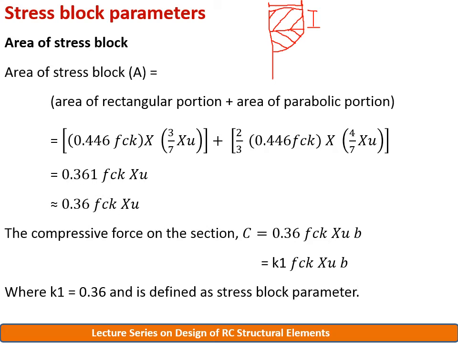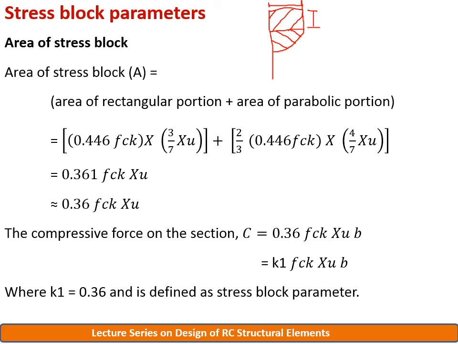For the rectangular portion we consider 0.446 FCK into 3/7 of XU, and for the parabolic portion we consider 2/3 of 0.446 FCK into 4/7 of XU. This will fetch us the value 0.361 FCK into XU.